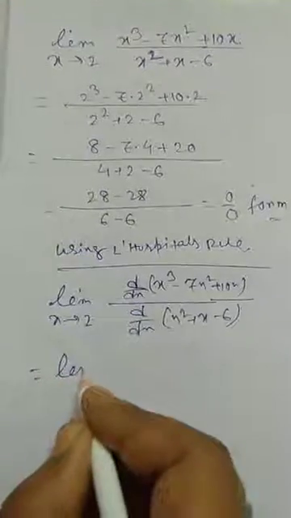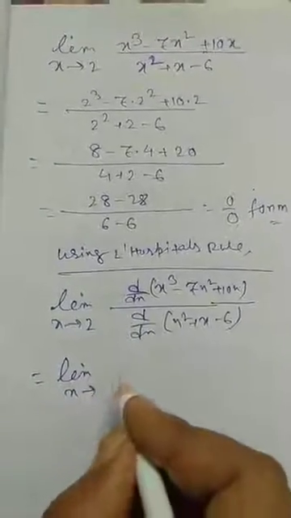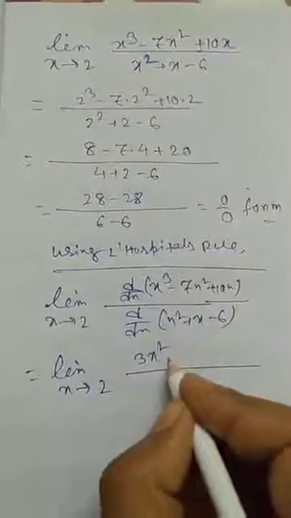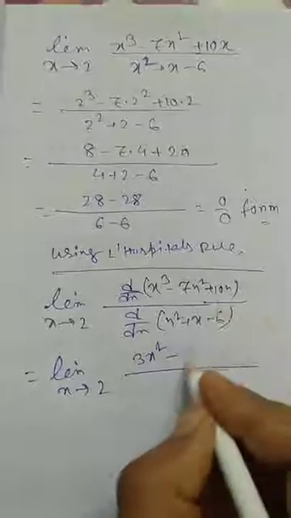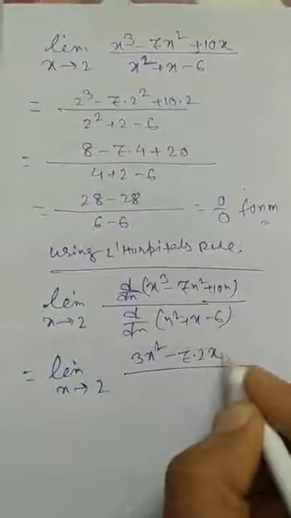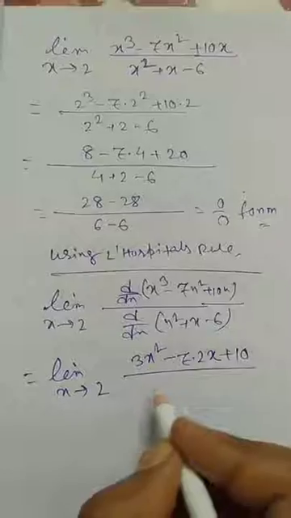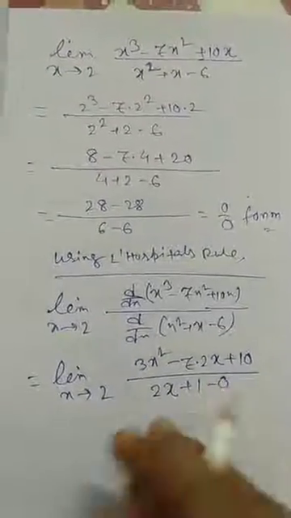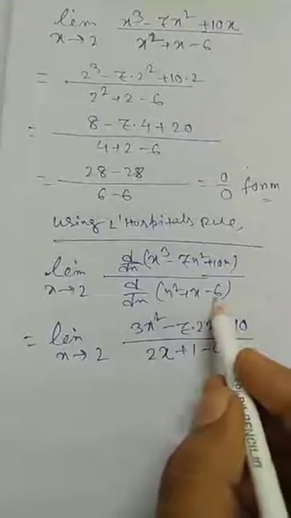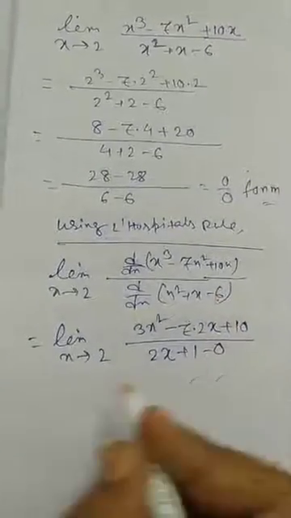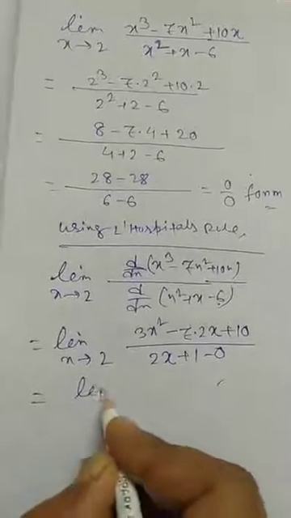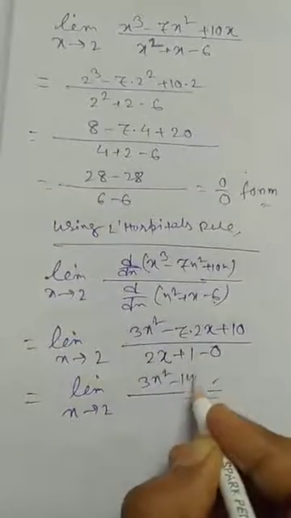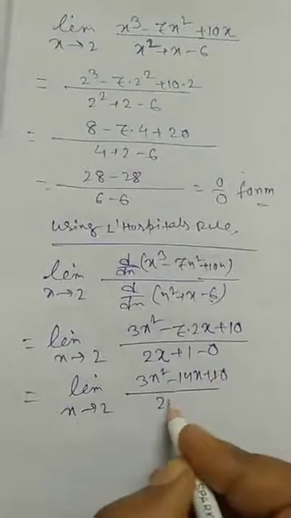So limit x tends to 2: derivative of x^3 is equal to 3x^2, derivative of 7x^2, that means minus 7 into 2x, plus 10. Derivative of x^2 is 2x, plus 1 minus 0. Why? Now we know that the derivative of any constant is 0. So therefore limit x tends to 2 (3x^2 - 14x + 10)/(2x + 1).